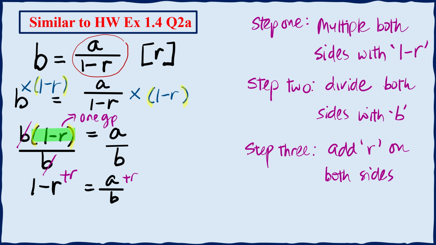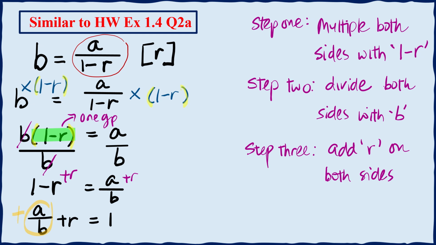And so step 3 is to add r to both sides, because the opposite of negative r is positive r. So we have a over b plus r equals 1. And since we're making r the subject, I need to get rid of this a over b, which means positive a over b.